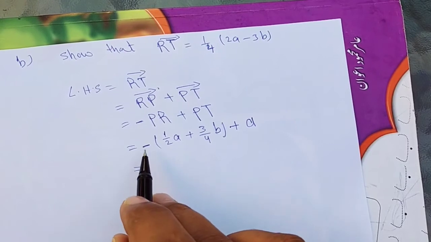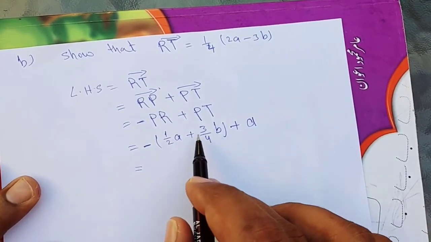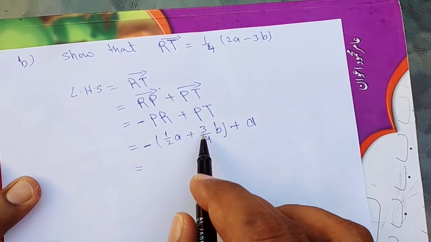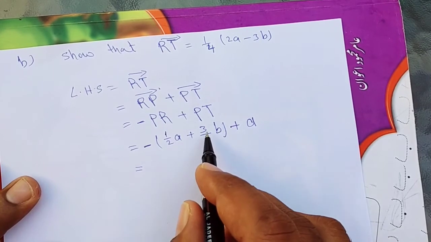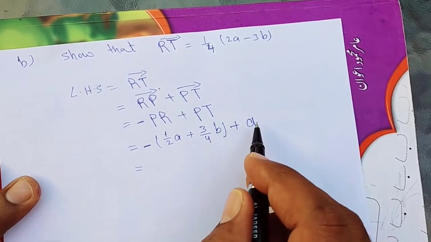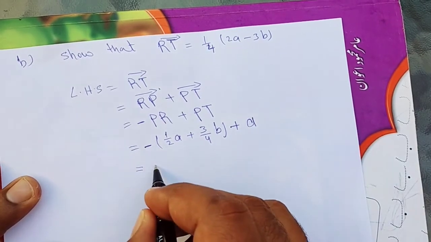So let's multiply minus inside. When minus will multiply inside, it will change the sign, because minus is multiplying with 1 over 2a and 3 over 4b, not with a. Please try to understand.